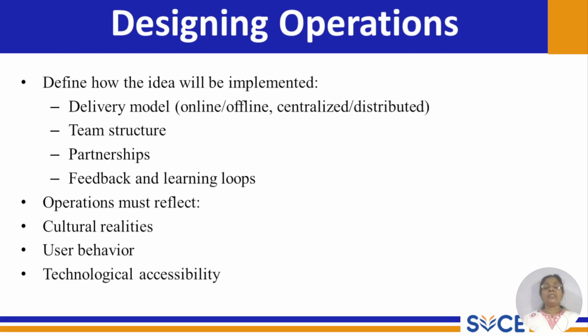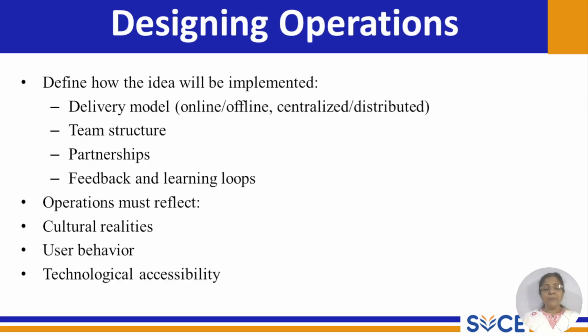So we need to design the operations, how we are going to implement the operations, define how the idea will be implemented. So what is the delivery model, whether it is offline, online, or it is centralized or distributed, and team structure, how many people will be there, and partnerships, whether we are going for partnerships or franchise or solo.